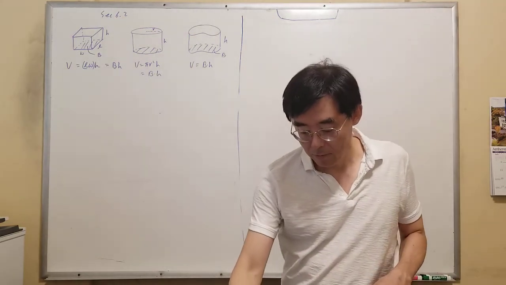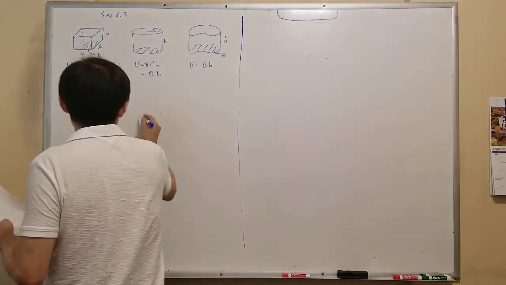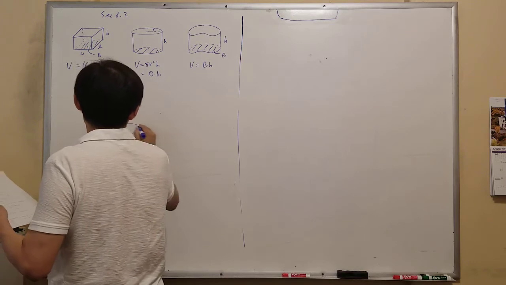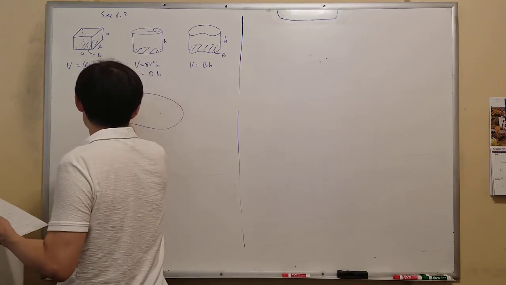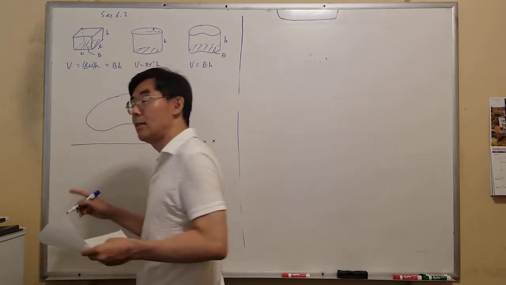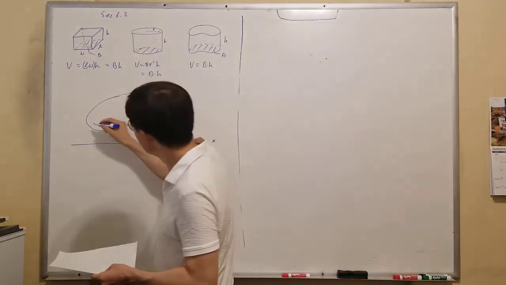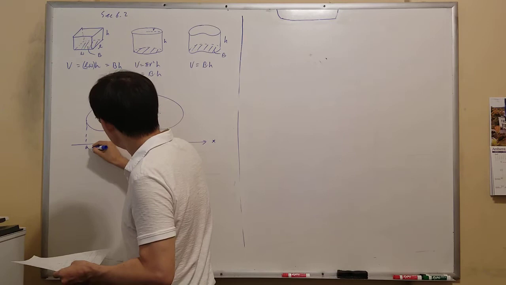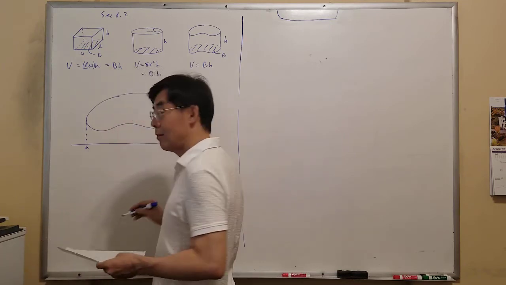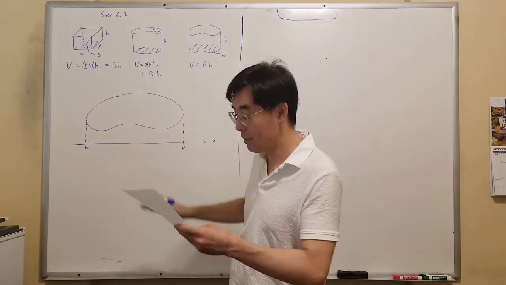Okay? What does it mean by this? Let's say you have some kind of potato-shaped object, and this is the x-axis. Somehow we have a CT scan for all x.